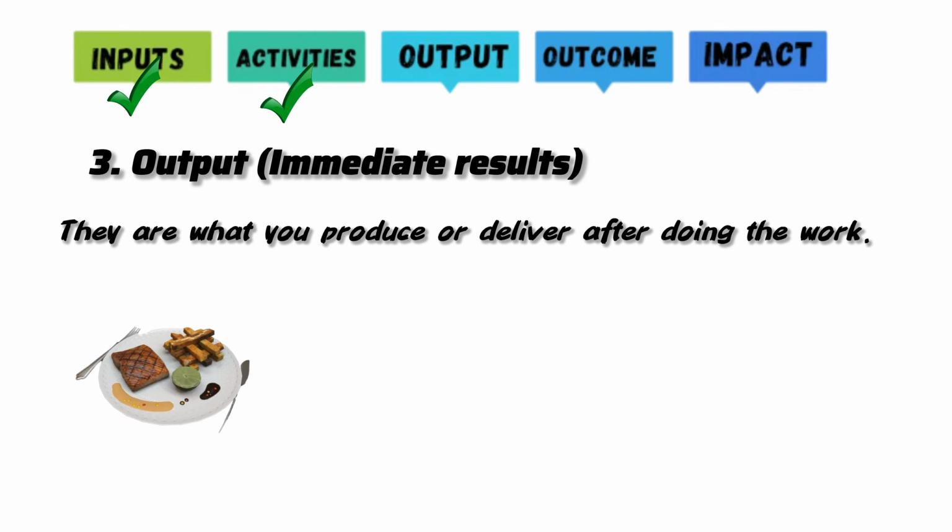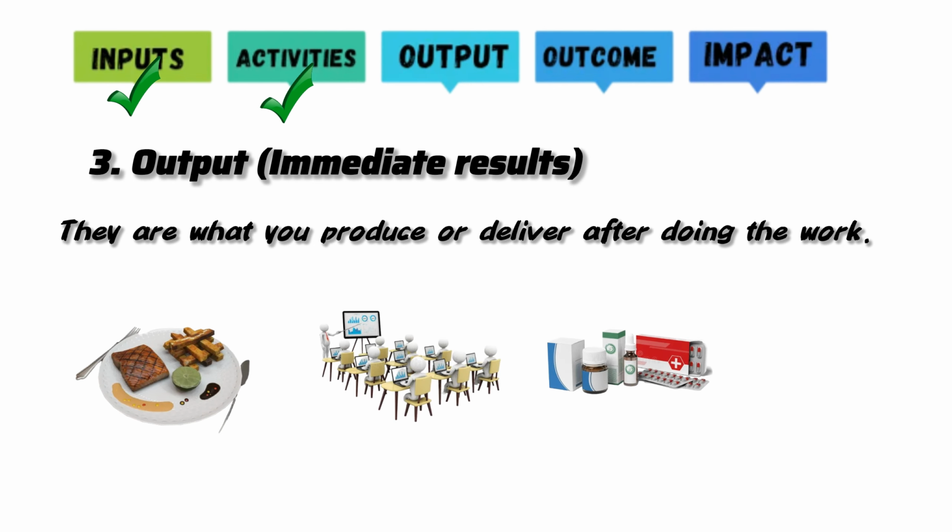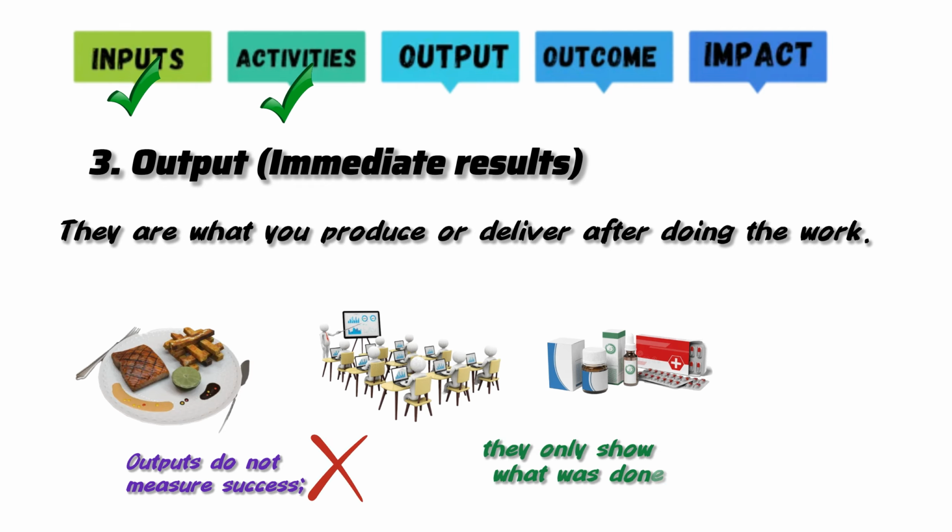So in health projects, outputs could be the number of health workers trained, the number of medicines distributed, the number of education sessions held. So I want you to take note of this. Outputs alone do not tell you if the project was successful. They just show you that something was done, but they are important stepping stones.